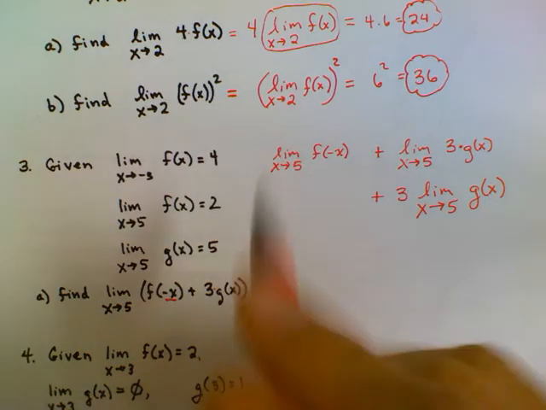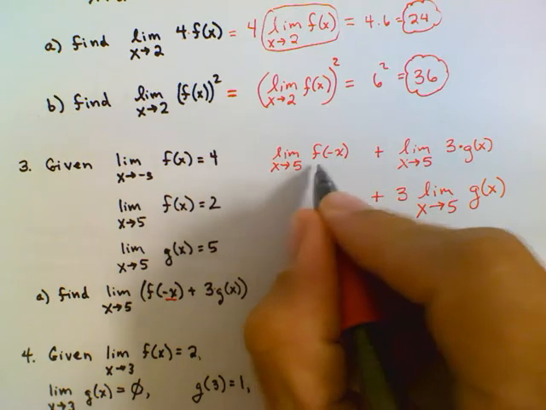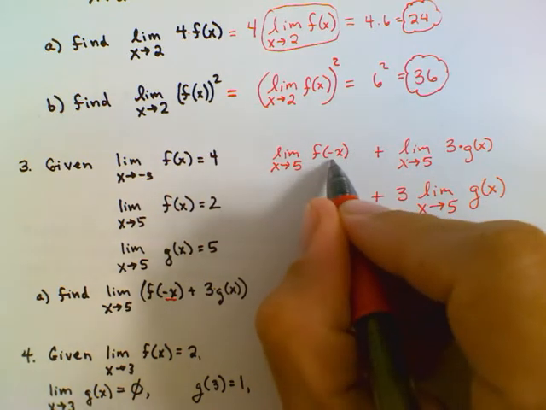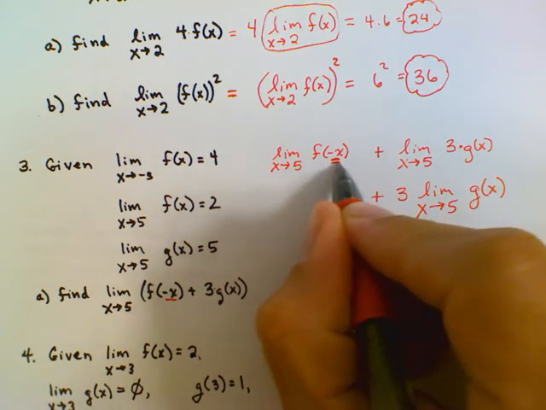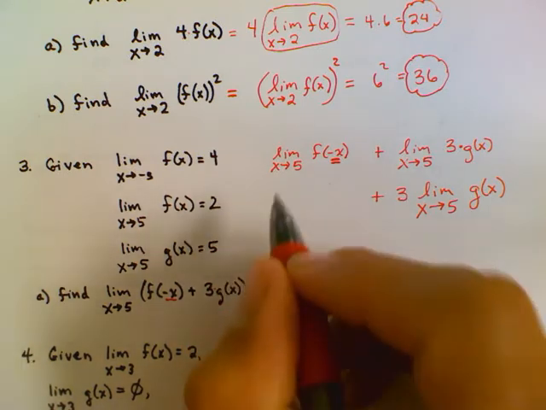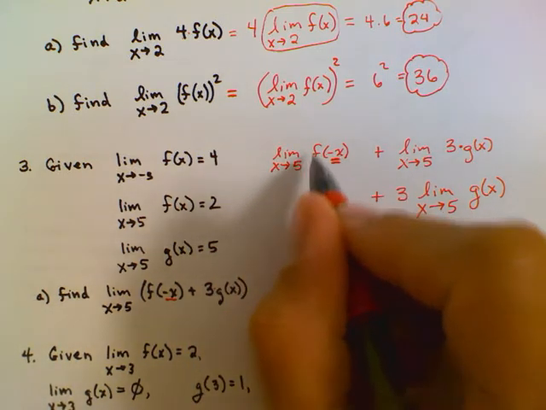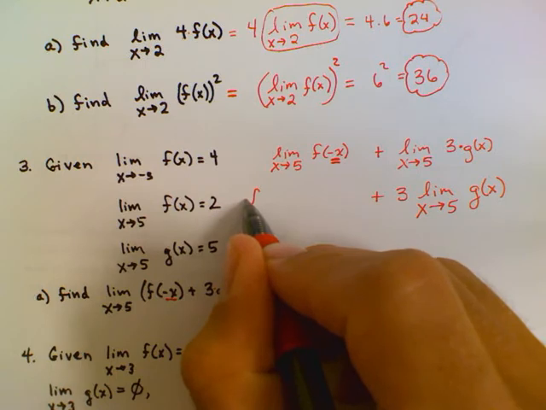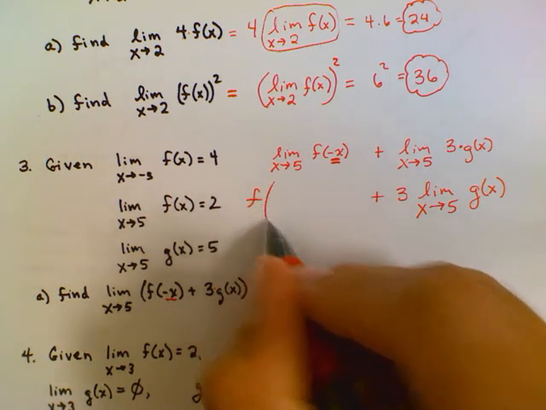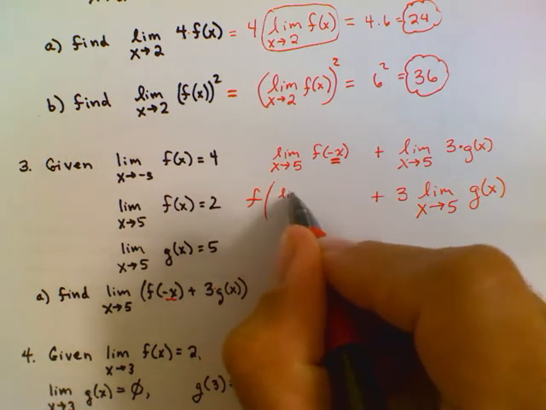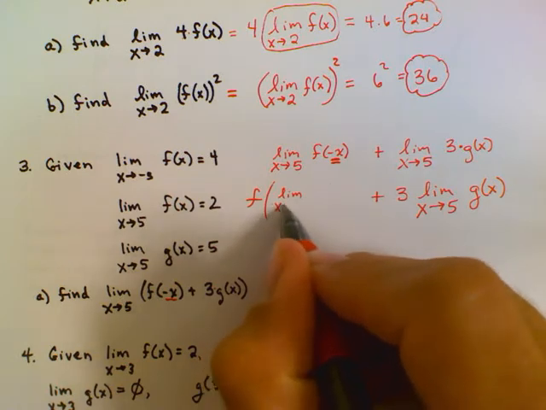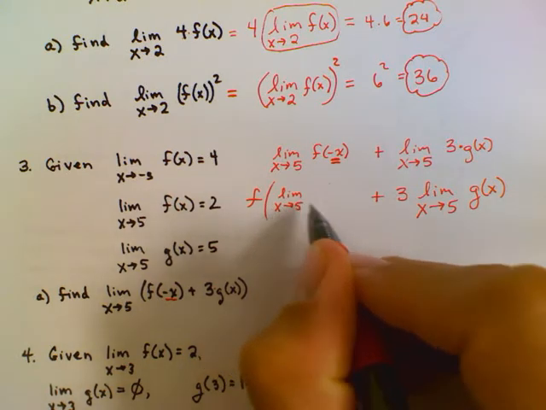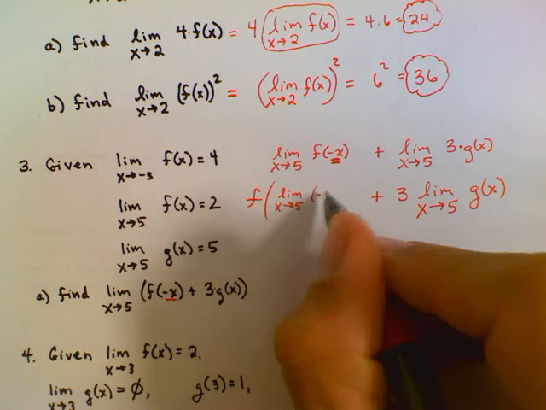Okay, so the first term says limit as x goes to 5 of f of negative x. Well, negative x is actually a function in itself, right? So assuming that f is continuous, I can say that f is the function of the limit as x approaches 5 of negative x.